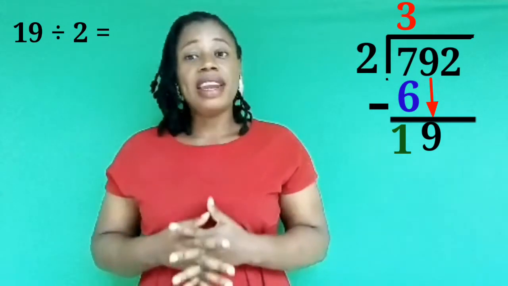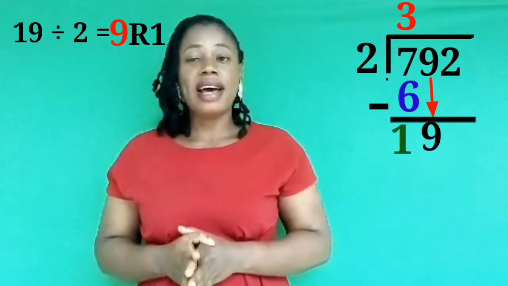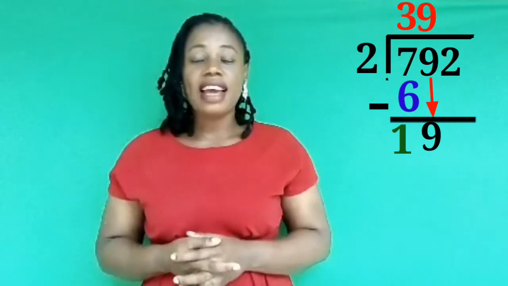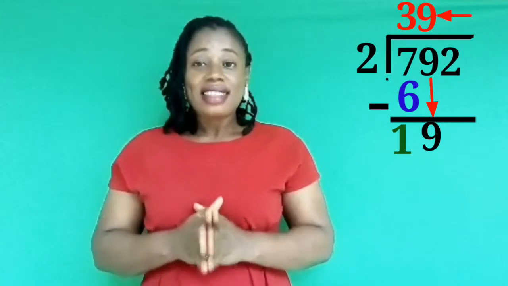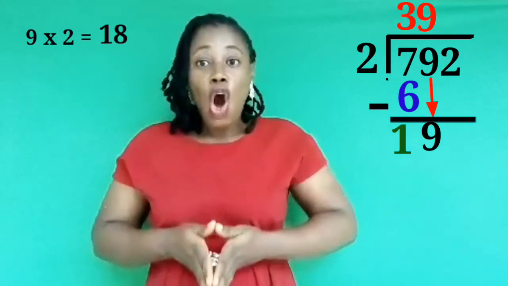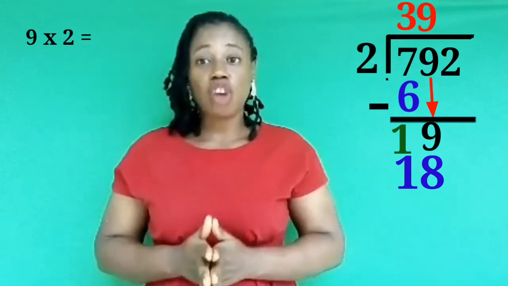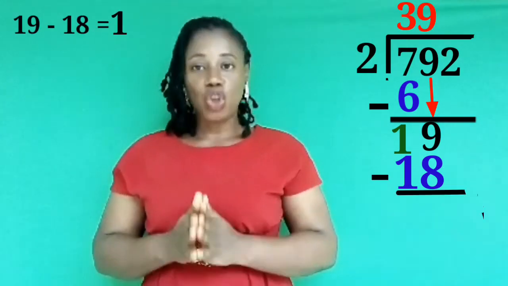You have 9 remainder 1, so you use only the answer, leave the remainder. So you write 9 on top of the diagram. And then you say that 9 that you got as your answer, 9 times 2 gives you 18. You write the 18 under the 19. Step 2 completed. The next one is to subtract 19 from 18. So that will give us 1.